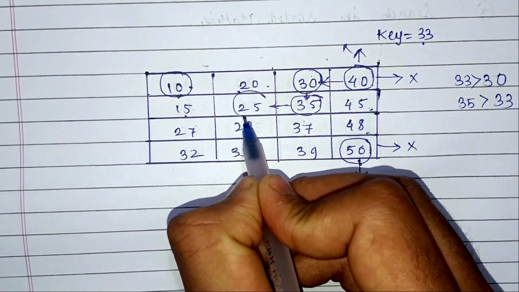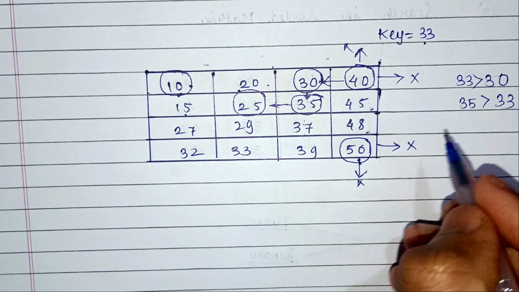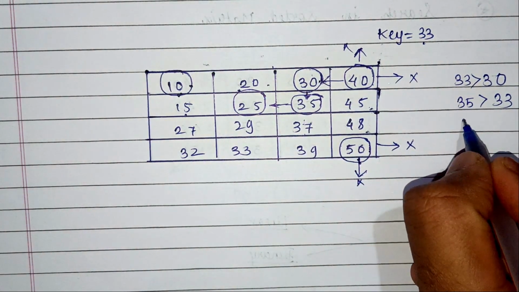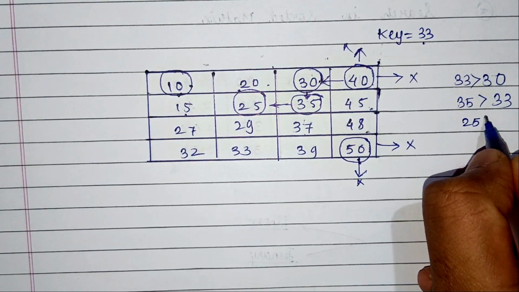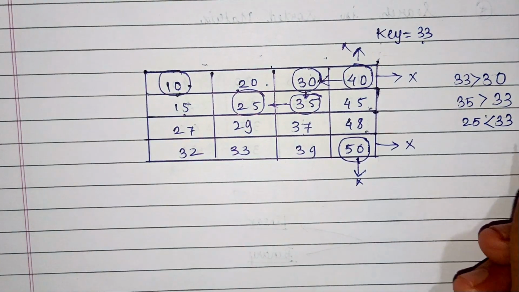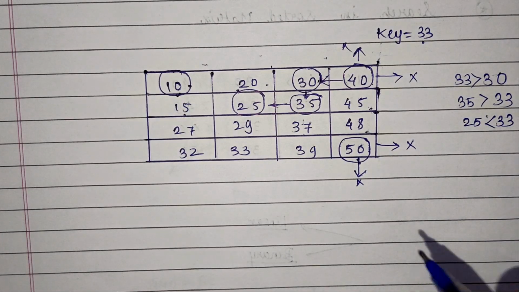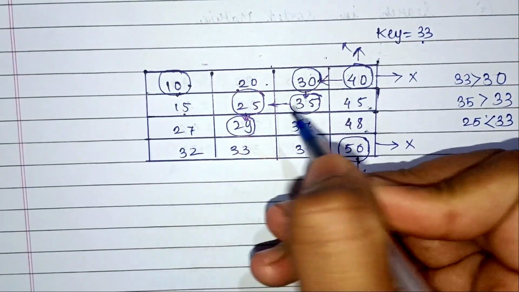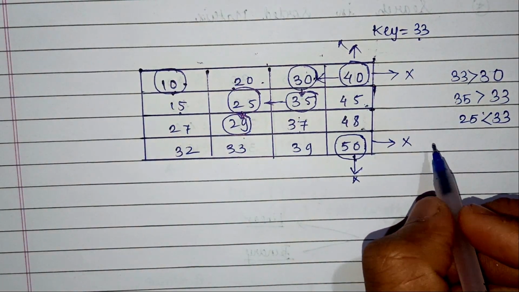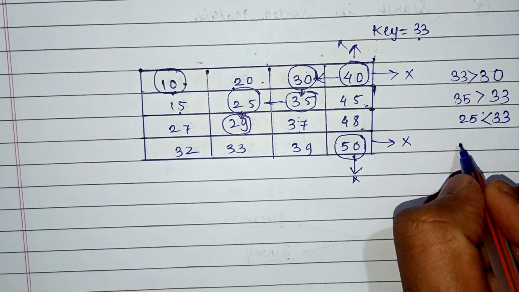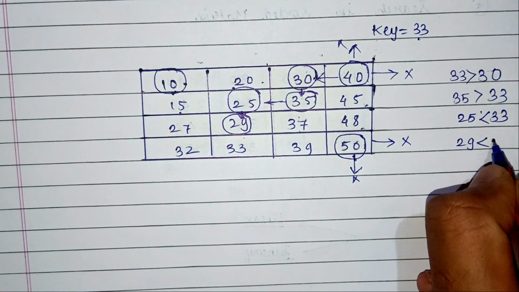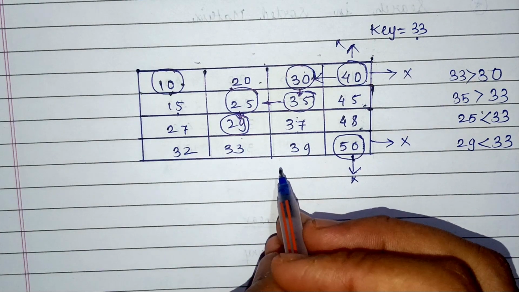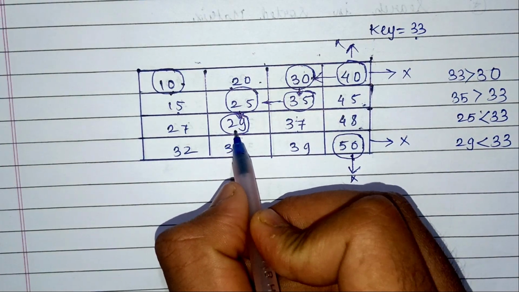So here we have the 25 element. The 25 element will be compared with our key. 25 is less than our key, so we have to move downside. And then it will compare with our key. 29 is less than our key, then we have to move downside again.